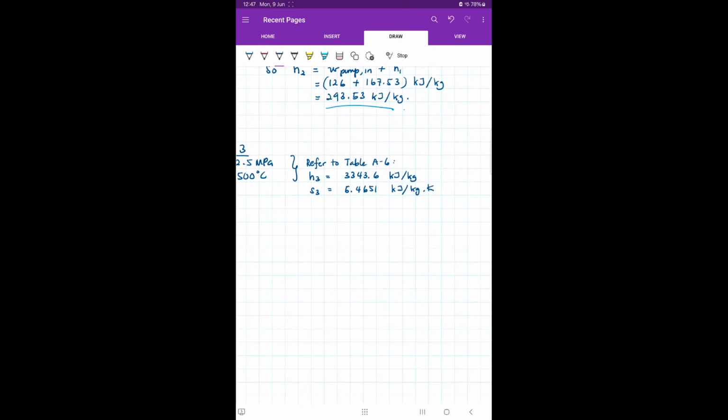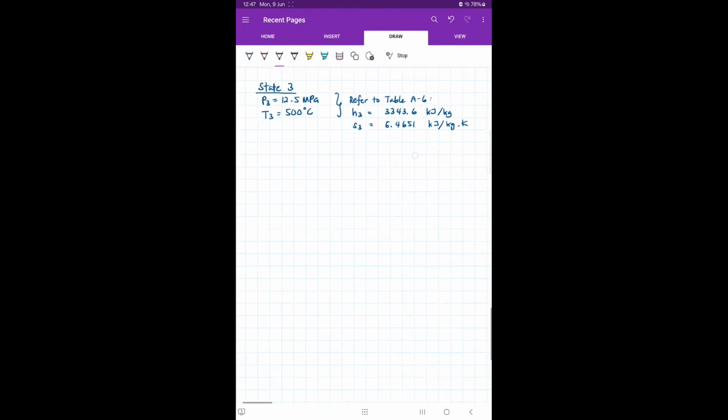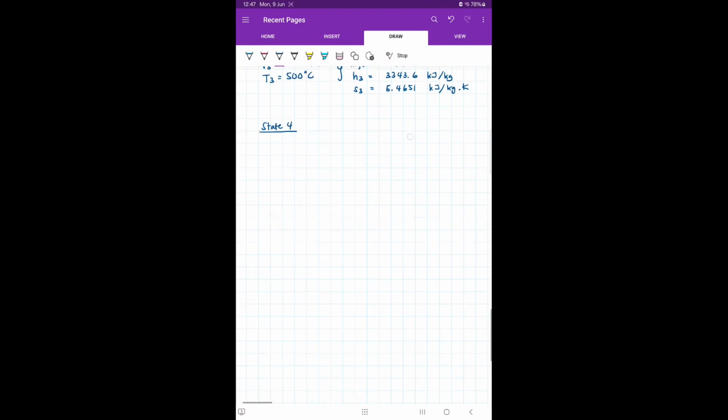Then we move on to state 4, because state 4 also changes. For our new state 4, we know that the process going from 3 to 4 is isentropic. So S4 equals S3, and this is equal to 6.4651 kilojoule per kg Kelvin.